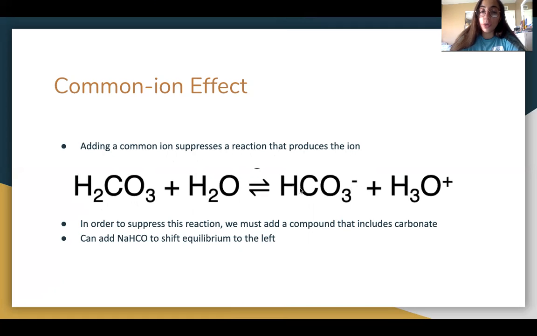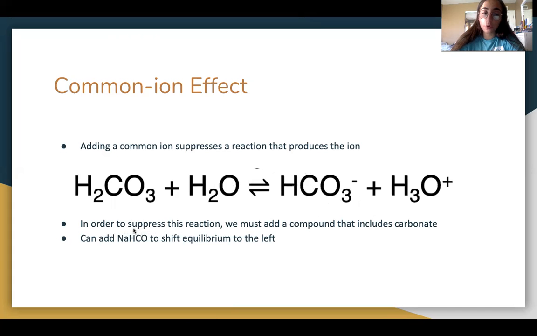Naturally, if we have more reactants, the reaction will move to the products to form more of the products. However, if we want to stop the reaction from moving forward, if we add an ion that's similar to the products, it will tell the system that we've had enough and it shouldn't be moving forward, right?